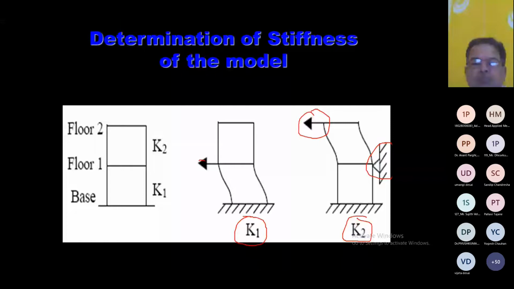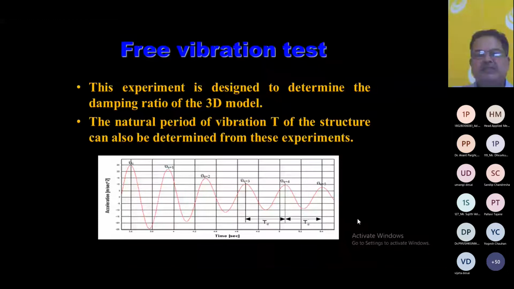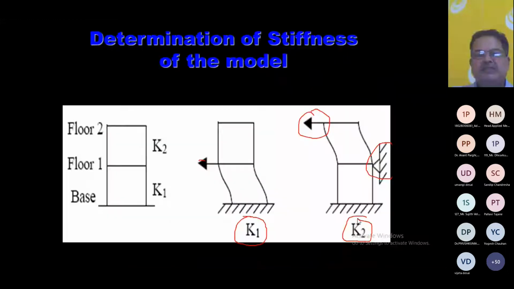If a beam column is there, then it's rigid or not, and in real sense it performs in some different way. So the theoretical result and the practical result have some different values, right? That is how we measure the stiffness of the model, which is very important.